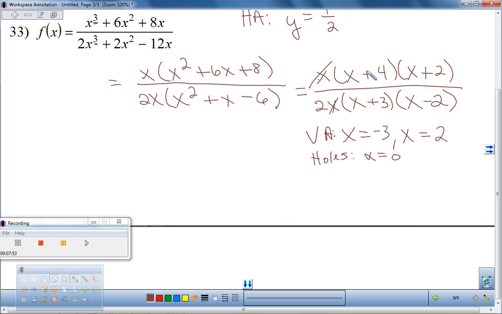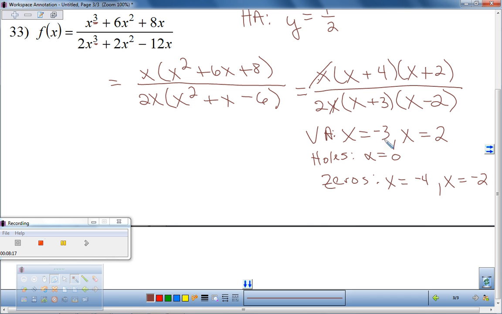Our zeros are what's going to make the numerator 0, but if it cancels out, we're not worried about it. So for the zeros, x is equal to negative 4 and x is equal to negative 2. Now the only other thing we have to do is talk about our domain.